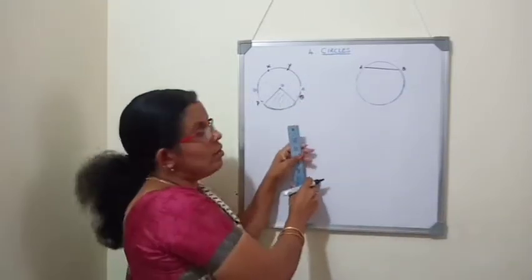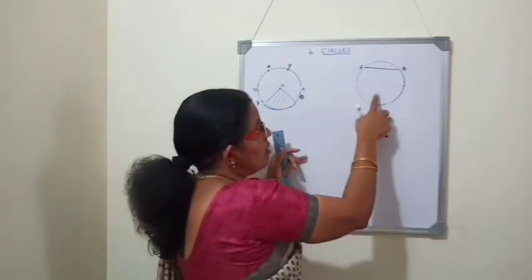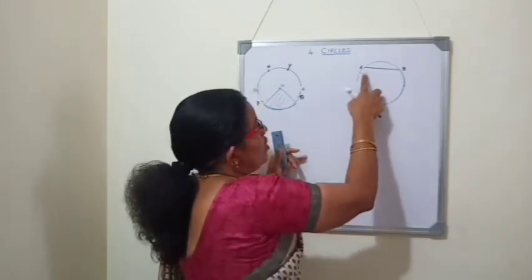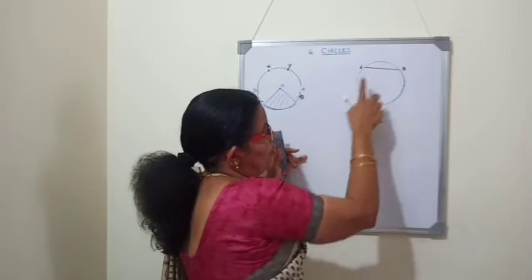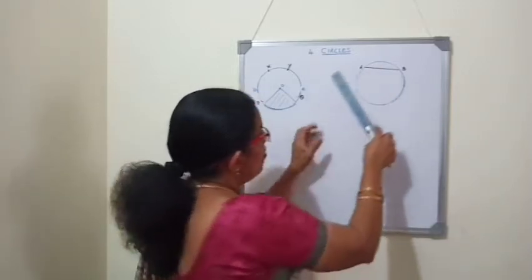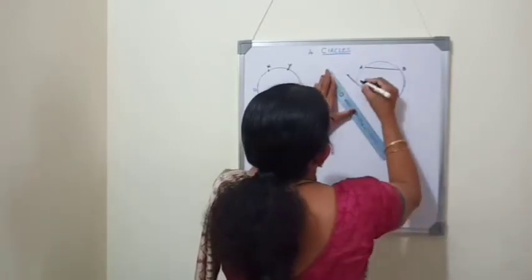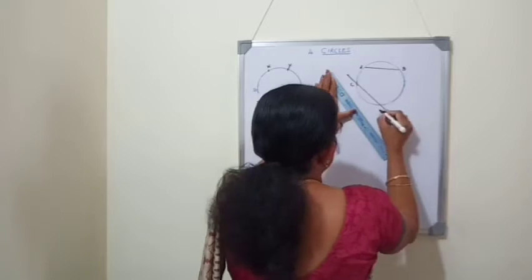As I told you, this is a chord. What is a chord of a circle? A chord is a line segment which joins 2 points of the circle, or 2 points will be on the circumference. Now let me draw a straight line. See, this is a straight line. Name will be CD.